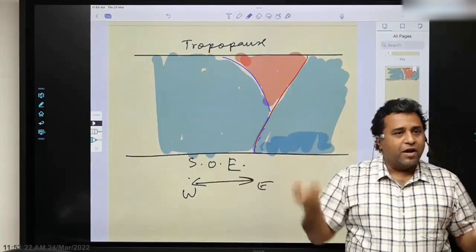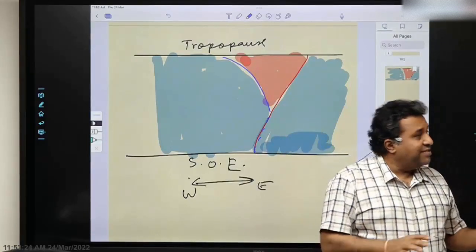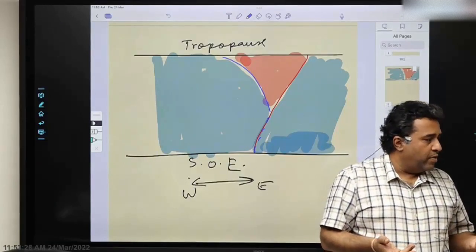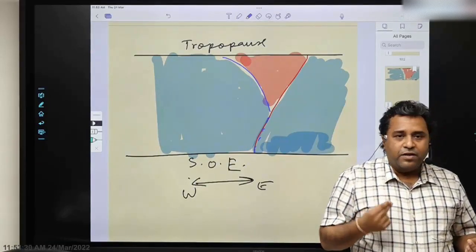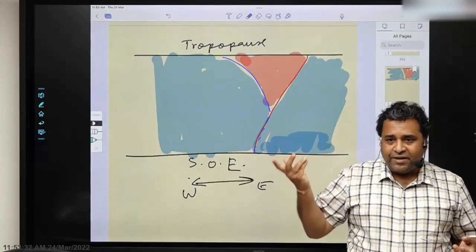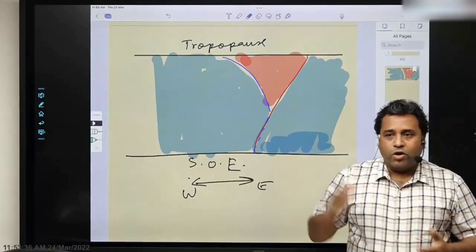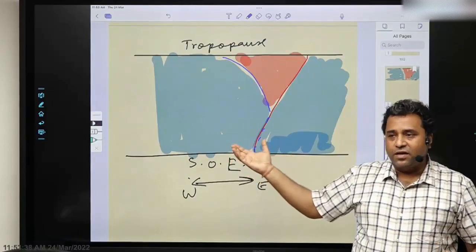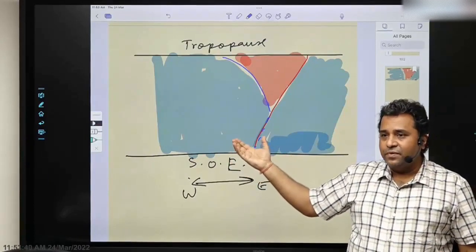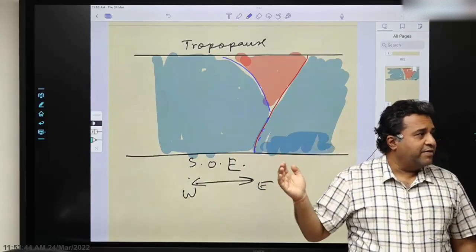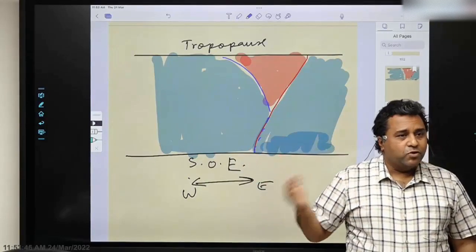Whatever cloud they can form, they will form, and once that is over, where will the new warm air mass come from? There is none. All the warm air mass is already lifted. Is this clear? So on the surface, on both sides of the overlapped front, what condition do you have? Cold air mass, cold air mass on both sides.